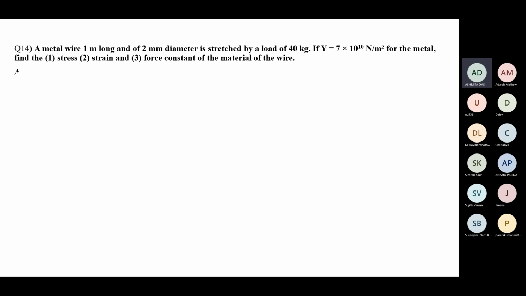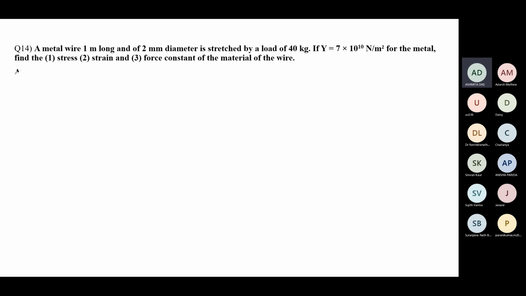So strain can also be written as small l divided by capital L. So the elongation or extension can be calculated as strain into capital L. So 1.78 into 10 to the power minus 3, which is strain, into the length of the wire, which is 1. So the elongation comes around 1.78 into 10 to the power minus 3 meter.